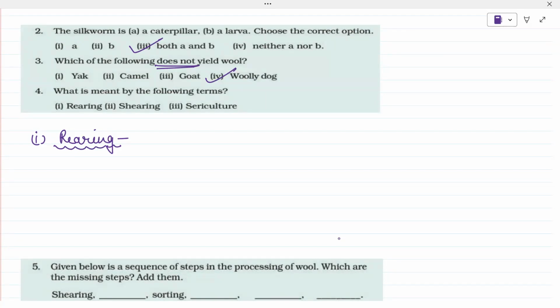We are keeping it, nurturing that animal, providing food to that animal, allowing it to breed. If required, we are giving medical care also, right? So what is rearing? It is the process.